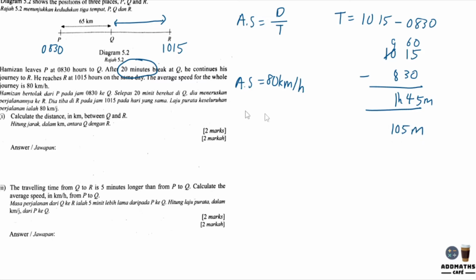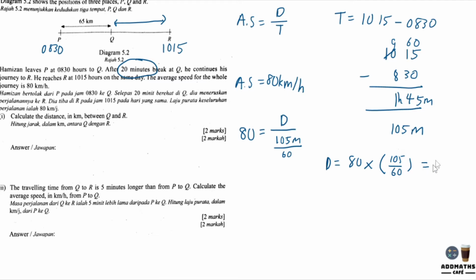Alright, so the total distance I do not know, but I know the average speed. So average speed equals total distance, which I do not know, divided by the time. The time is in minutes, so I need to change to hours, so divide by 60. In this case, the distance will be 80 times 105 over 60.